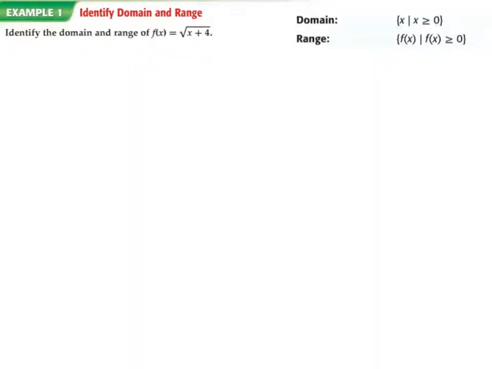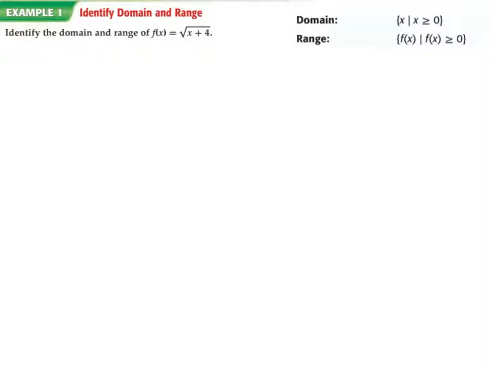In example 1, they want us to identify the domain and range of f of x equals square root of x plus 4. I went ahead and posted what the domain and range of a square root function looks like over here so we can work with that. So we know that the domain only includes values for which the radicand is non-negative.